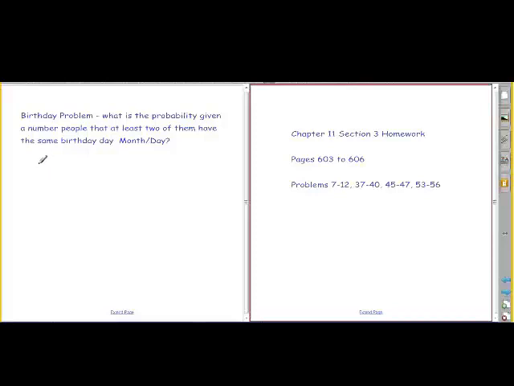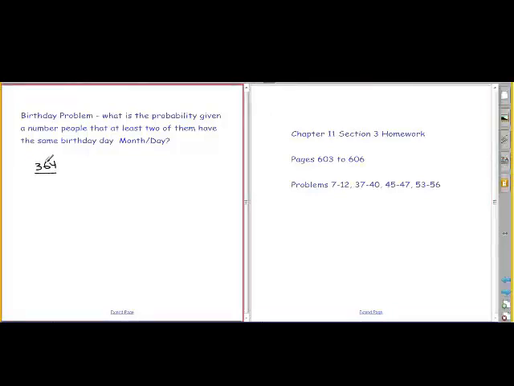So the probability that you don't have the same birthday as me is, well, there are 364 days remaining in the year. So the probability of the next person I choose not having the same birthday is 364 over 365. Then for the next person that I choose, the probability of them not having the same birthday as the previous 2 is 363 out of 365. Is it 365 still?